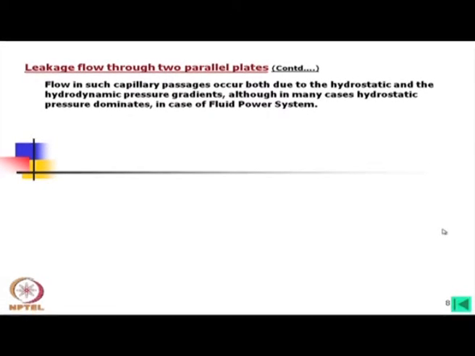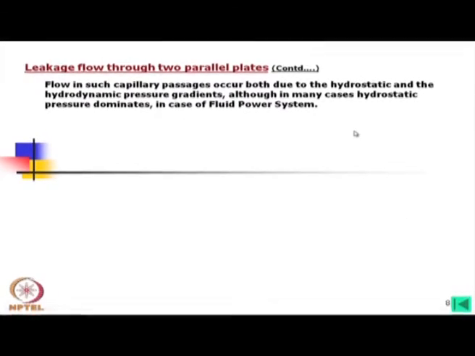Flow in such capillary passages occurs both due to hydrostatic and hydrodynamic pressure gradients. Although in many cases hydrostatic pressure dominates in case of fluid power systems.